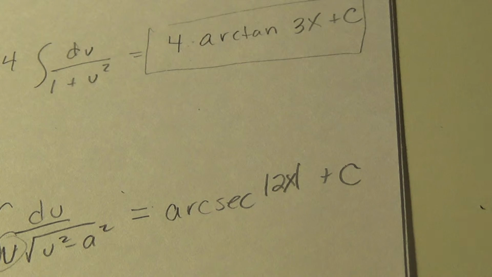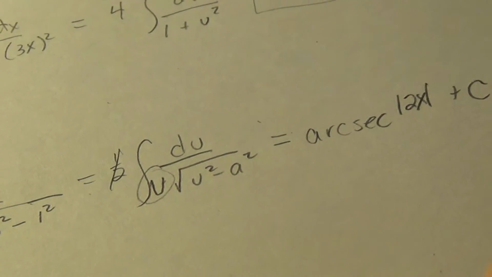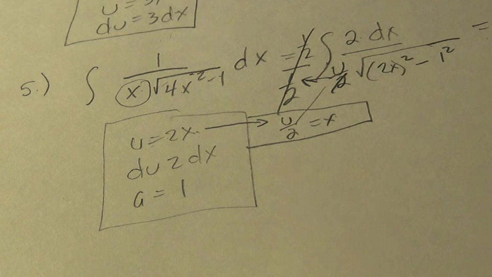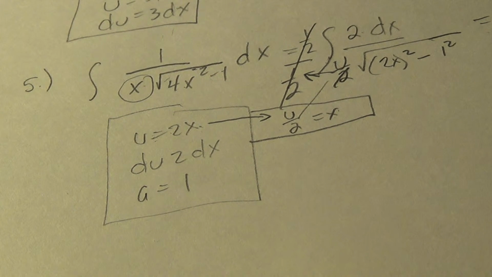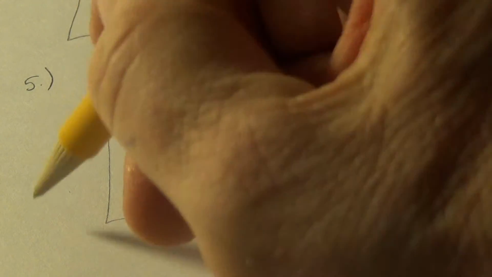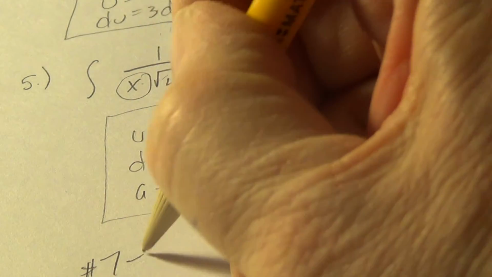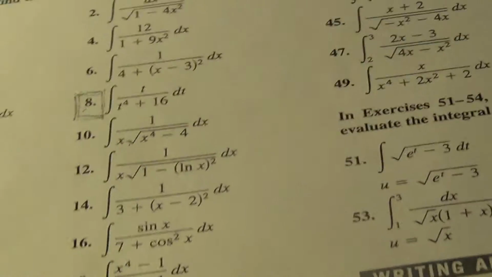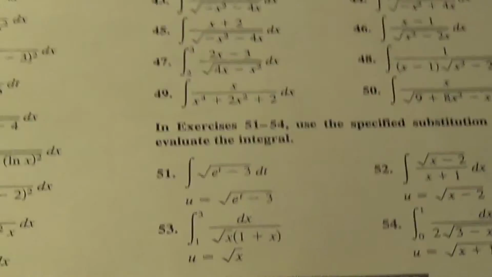All right, so I think that gives you the gist that these are actually done as u substitution problems to match the formulas. So we went ahead and assigned numbers 7 through 12, and I wanted to shine a light on that for you so you can see what the problems are.